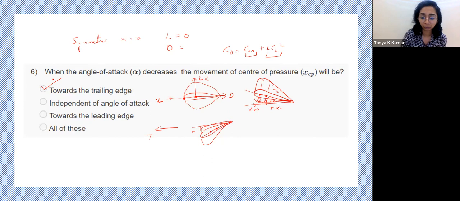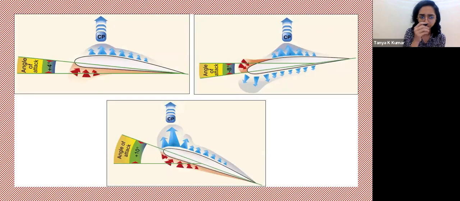Did everybody understand this? We'll just go over this figure. At some positive angle of attack, you can see the pressure distribution here. Blue is negative and red is positive. So you have a negative pressure gradient above and a positive pressure gradient below, which is what produces the lift force, the aerodynamic force. So if your CP is somewhere here, where the net pressure is high.